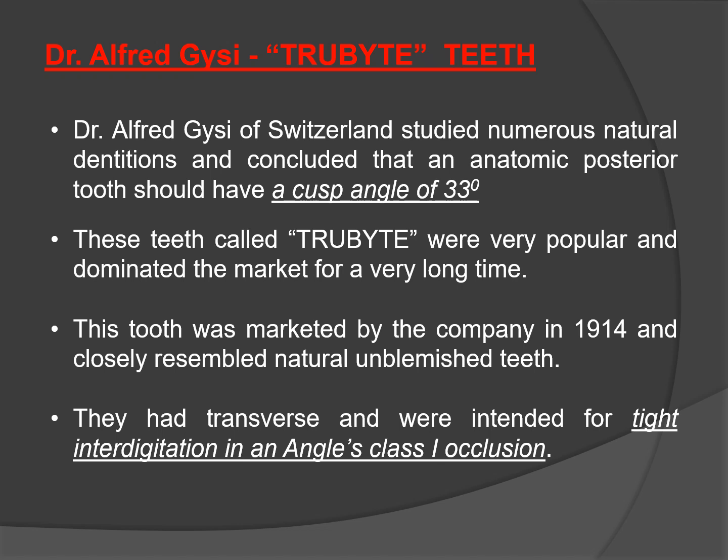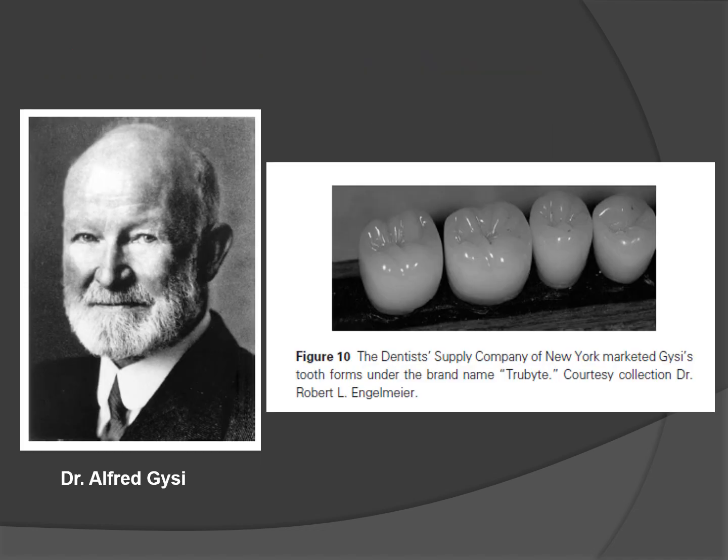So this tooth was marketed by the company in 1914, and they closely resemble the natural dentition. They had transfer ridges and were intended for tight interdigitation in class 1 occlusion. So this is Dr. Alfred Gysi, and these are the true bite teeth which were initially marketed by Gysi.